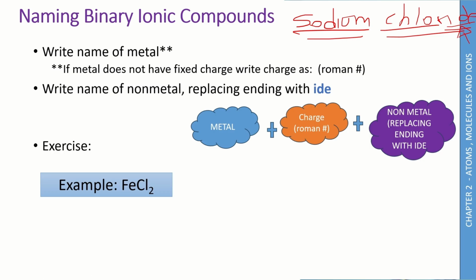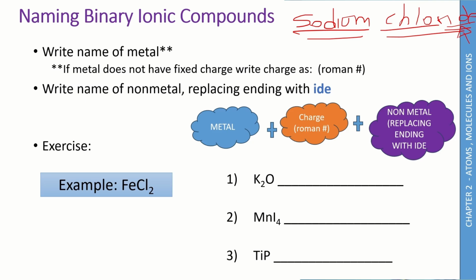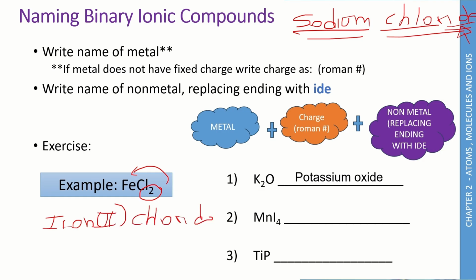So what is this? FeCl2. So iron chloride, right? Look at this: this is the charge of the iron. So this is iron(II) chloride. This is potassium oxide. What is the name of this?